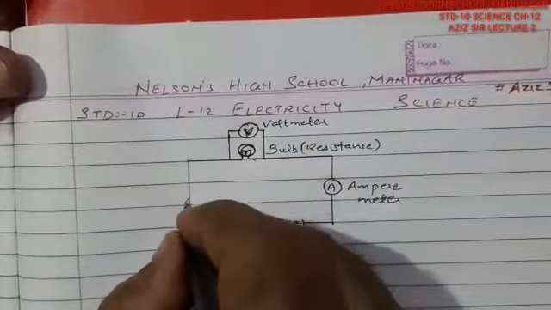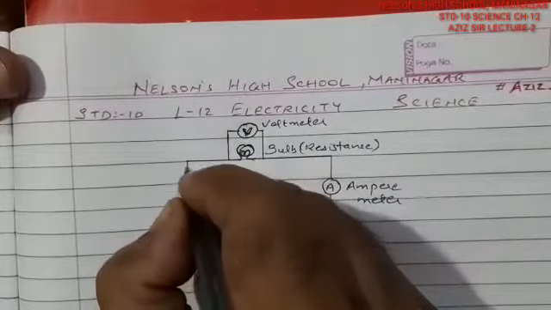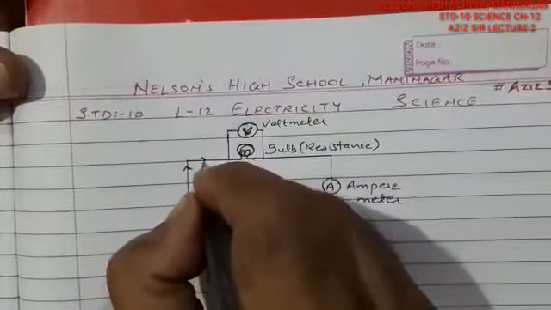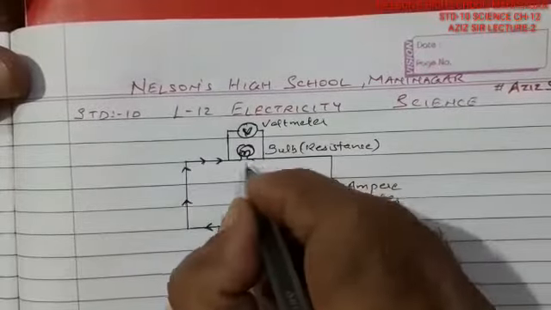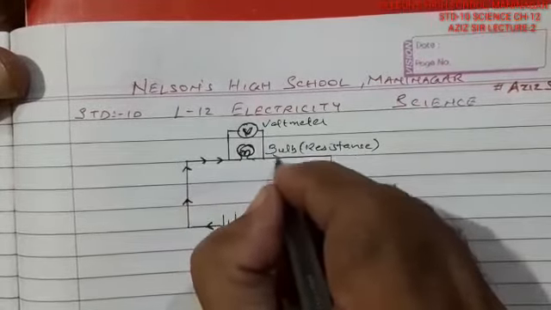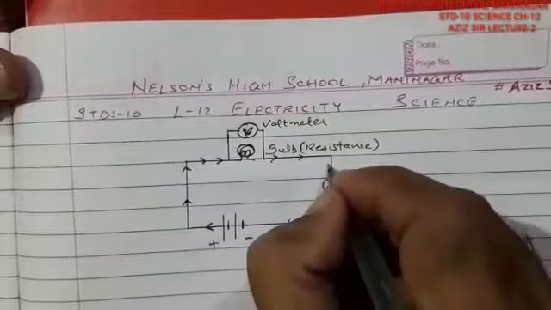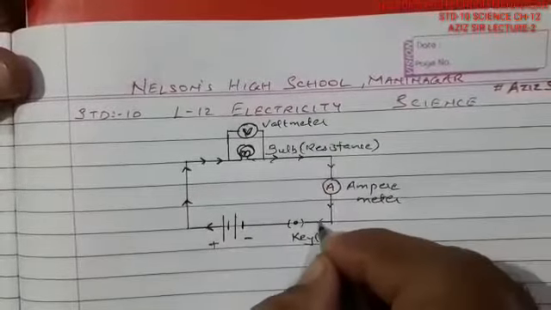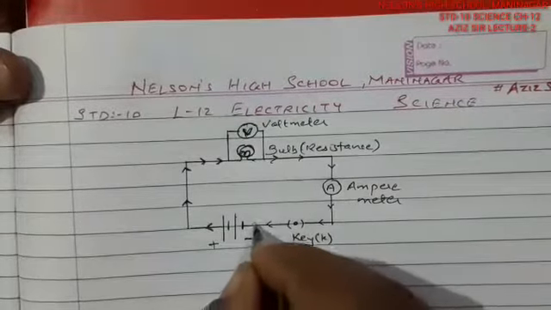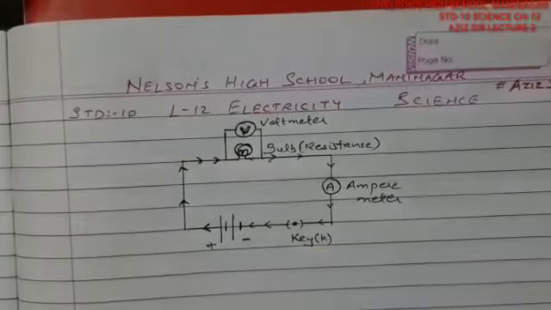So here the current flows from the positive terminal, passes from here through the circuit, going towards the ampere meter, and passing, if the key is on, and reaching back to the negative terminal of the battery.